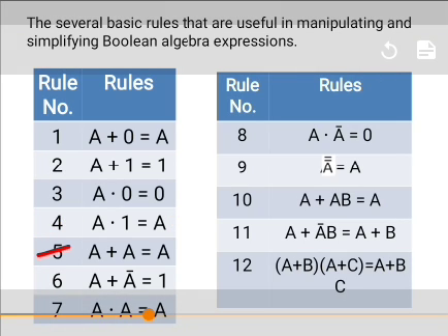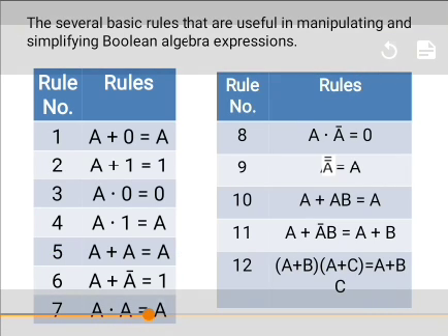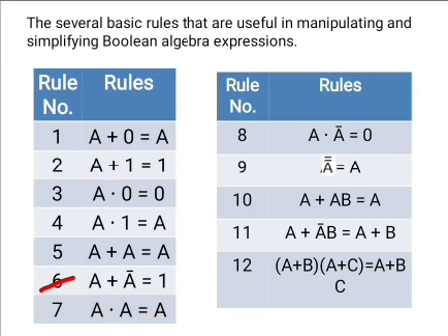Next one, fifth one, A plus A equals A. In this, when A equals 1, that means 1 plus 1 equals 1, and when A equals 0, that means 0 plus 0 equals 0. So, A plus A equals A. Next, sixth one, A plus A complement equals 1.